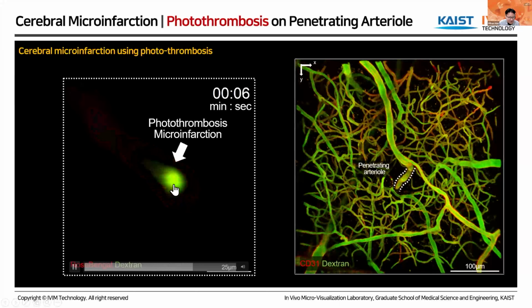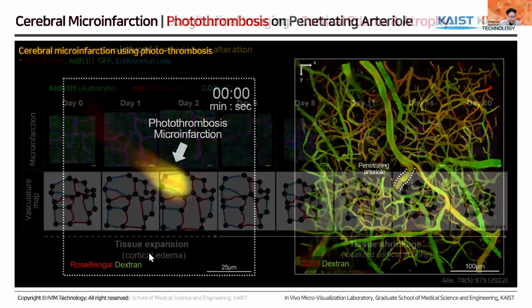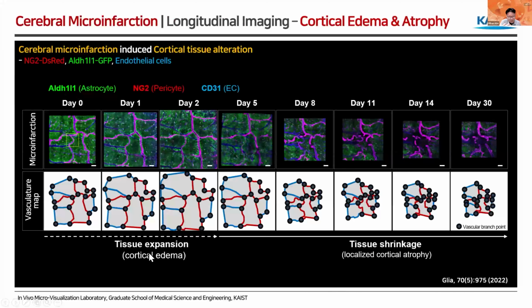As you can see here, you can nicely see the blockage of the blood flow. The green color of the dextran disappeared in 10 seconds. After making this thrombus, which we call cerebral microinfarction, we can longitudinally observe how the brain changes over time.